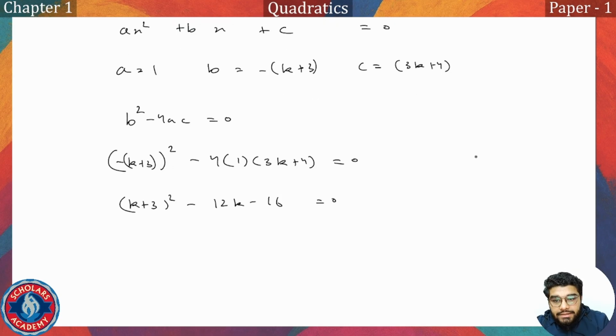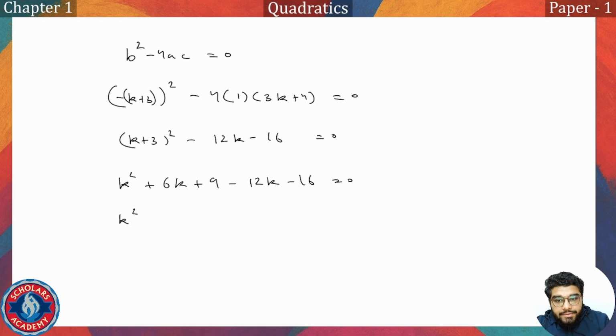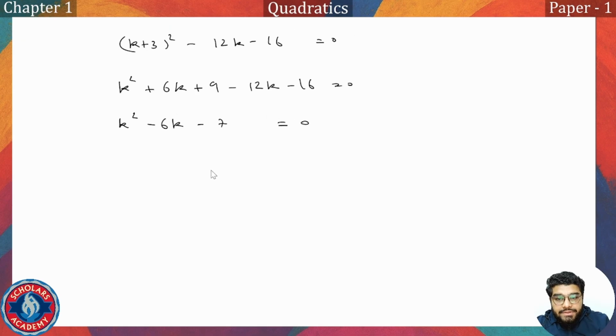So from here we get k square plus 6k plus 9 minus 12k minus 16 is equal to 0. If we simplify it, we get k square minus 6k minus 7 is equal to 0. So if I try to find the factors of this equation, we get k square minus 7k plus k minus 7 is equal to 0.